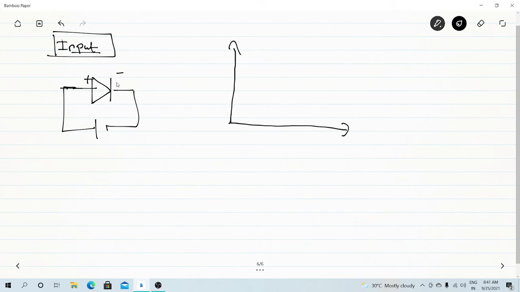So P became more positive as compared to N. In this case you can see the forward voltage, let's say VD is the forward voltage, and this forward voltage we will take as positive. This high potential is, let's say, 20, this is, let's say, 10, so VD will be positive.